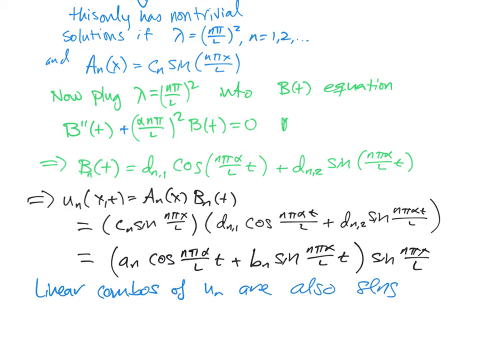So we would just need some linear combination of these un that satisfies the initial conditions that we were set with f and g.